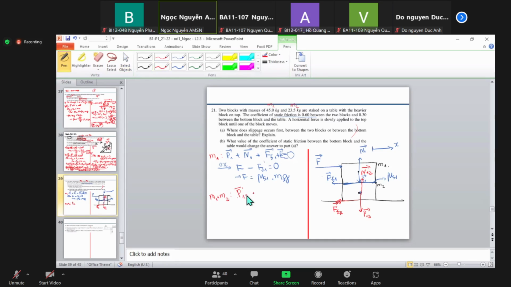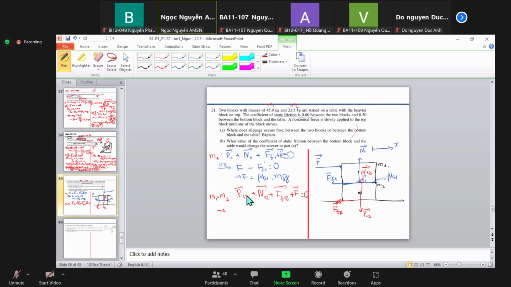P12, okay, plus N12 plus F12, okay, and never forget F here. Because due to F, you have static friction here, okay? And it will be 0 because we are caring about static friction. This means both objects are at rest, okay?